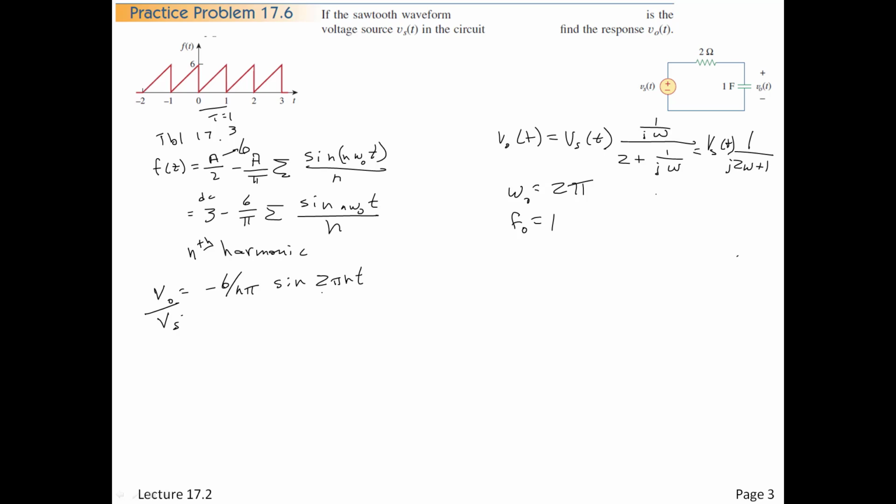And that's our source. I'm sorry, I can take this out. I won't need this. And it will be multiplied by our thing going on up here. So that's essentially being divided by 1 plus j 2 omega, where omega is 2 pi, so 1 plus j 4 pi.